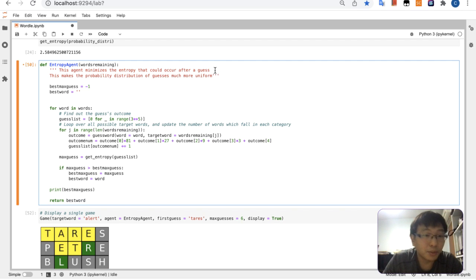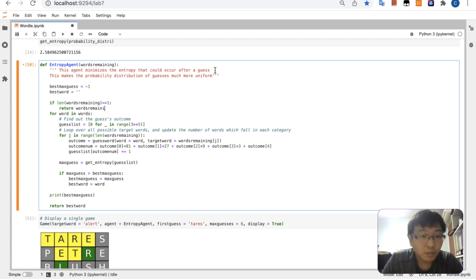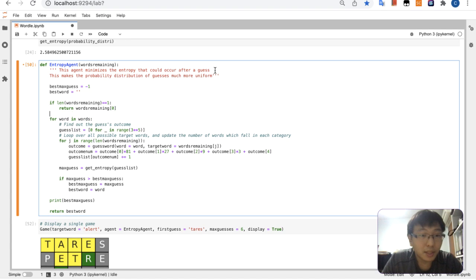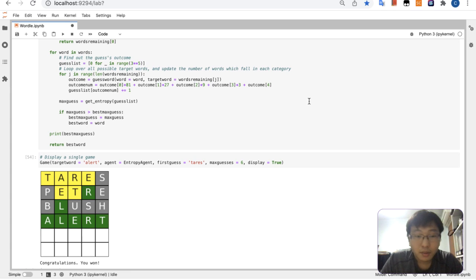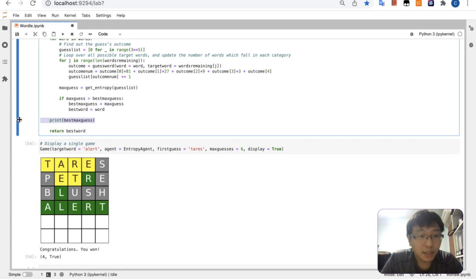Okay, so very simple. You can just do this: if words remaining, like that. Yeah, okay, done.